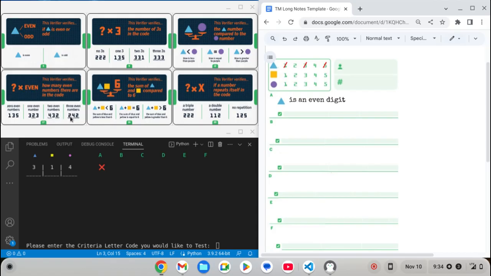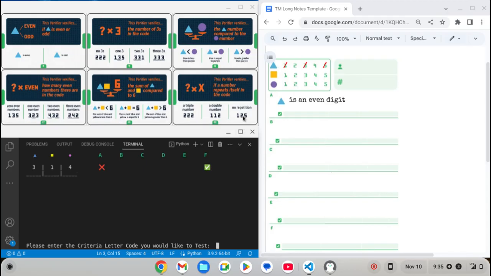What else? Well, we do have an even. Let's test criteria card F. Okay, so the Turing machine does approve of my choice in proposal 314. Notice that all 3 digits are distinct in 314.